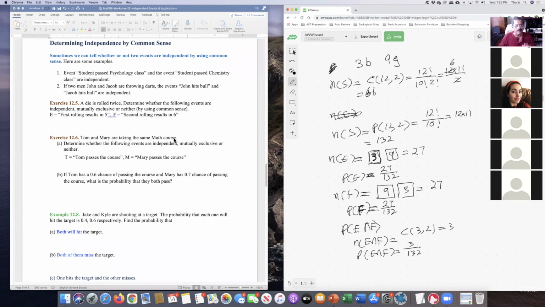Getting a 5 in the first rolling and a 6 in the second rolling is possible, right? You're rolling once and you can get 5, and then you're rolling again and you can get 6. So they can happen at the same time. So they're not mutually exclusive. Now, are they independent?